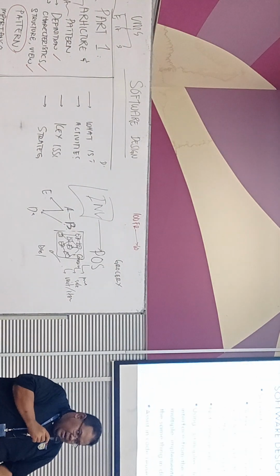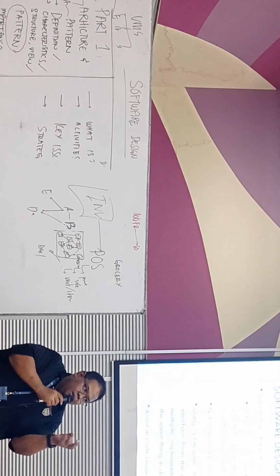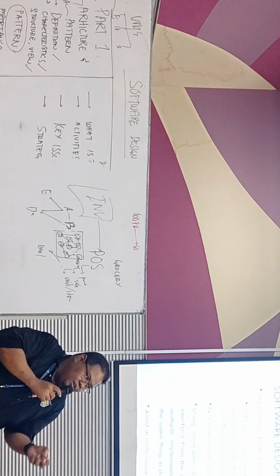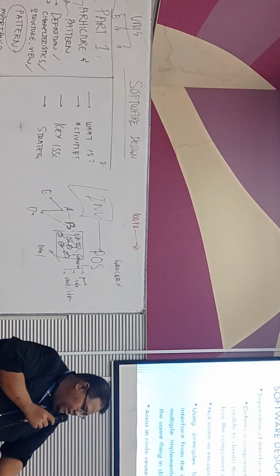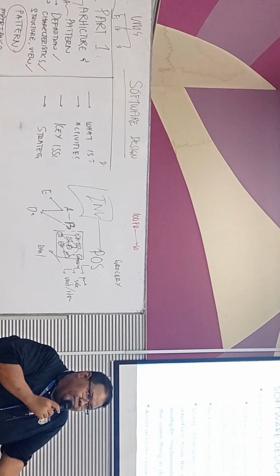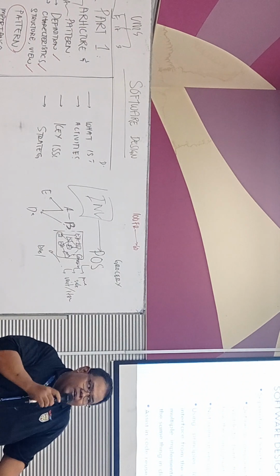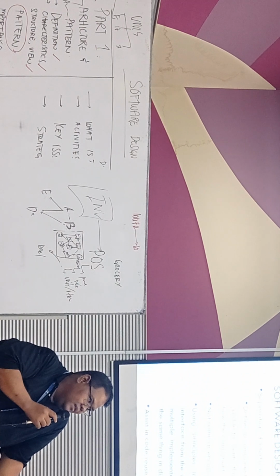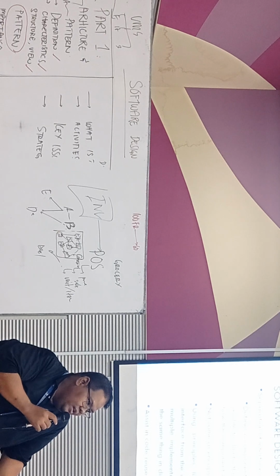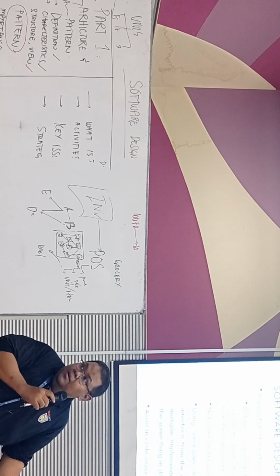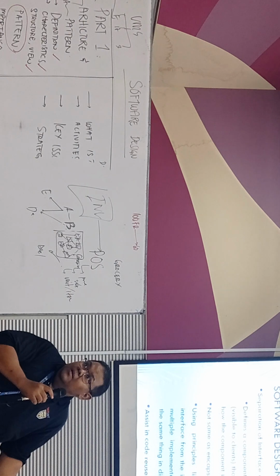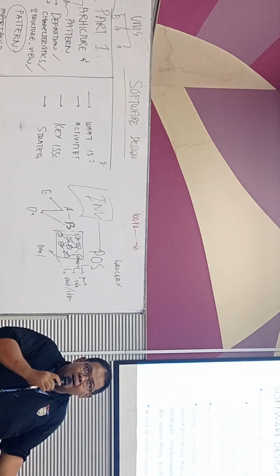What is the main reason for high cohesion, low coupling? What is the actual main outcome? So that it's easier to modify.